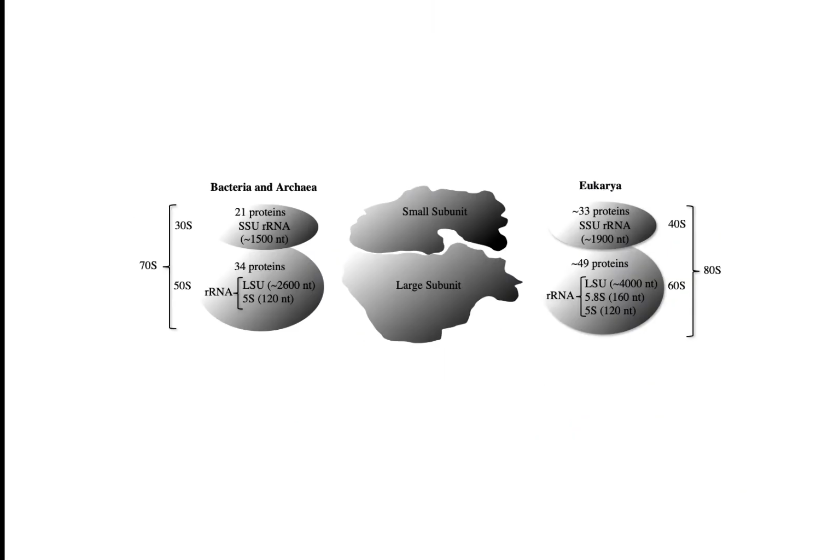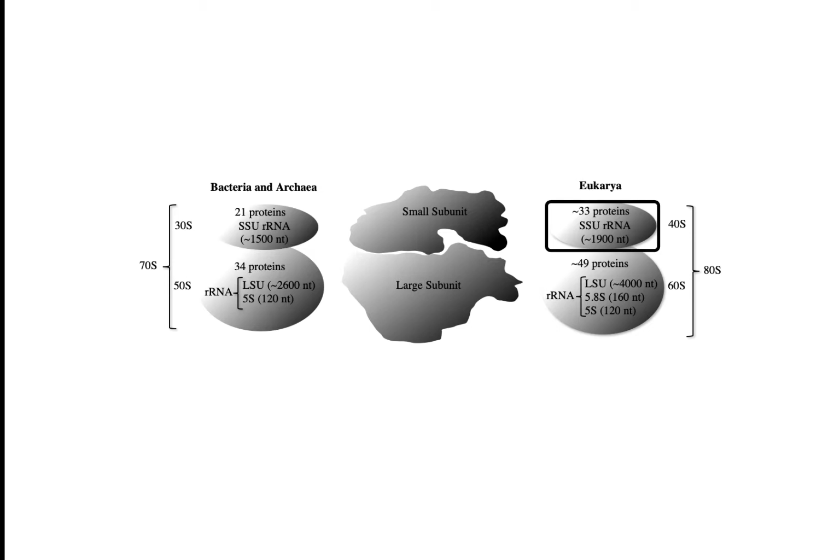The complete ribosomes look something like this, where in bacteria and archaea there are about 21 proteins and a small subunit ribosomal RNA in the small subunit. And in the large subunit, about 34 proteins and a large ribosomal RNA, as well as a 5S RNA.